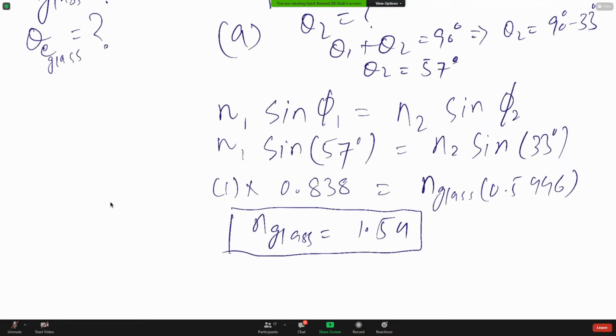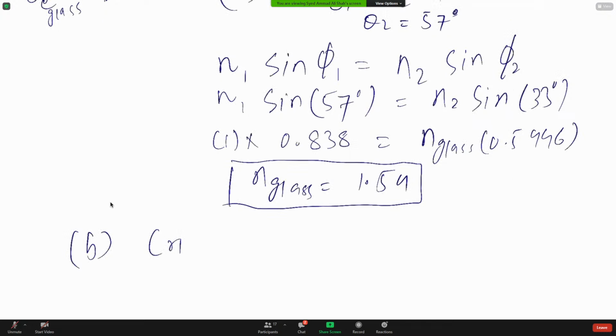How about the critical angle? What is the formula for critical angle? Can you explain what the critical angle is again?